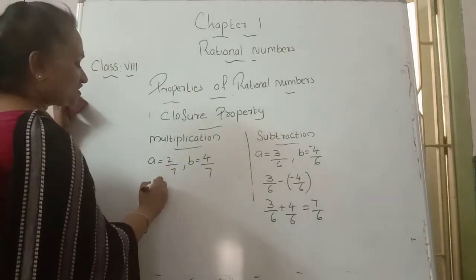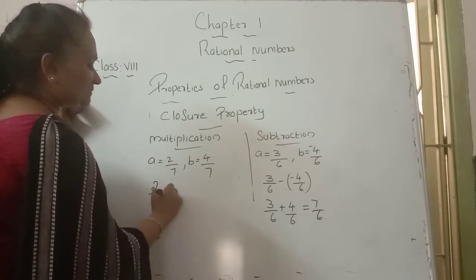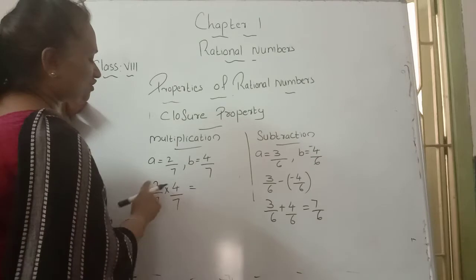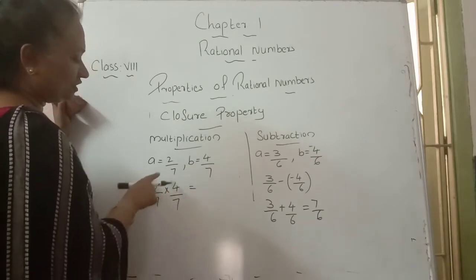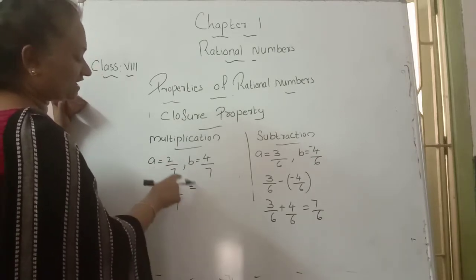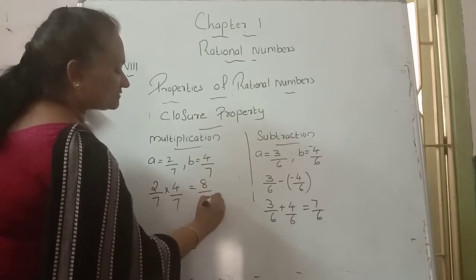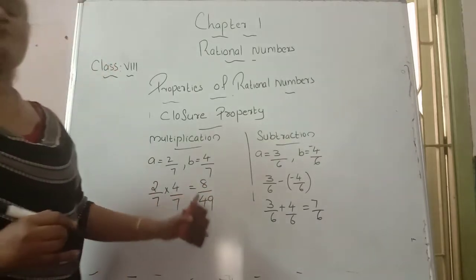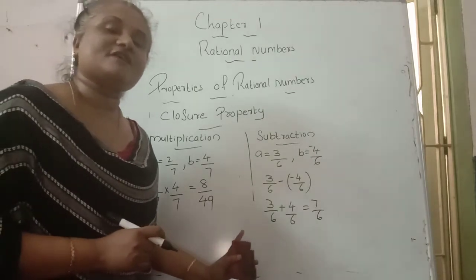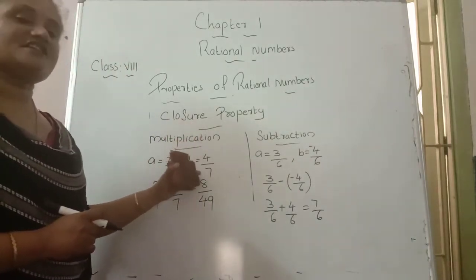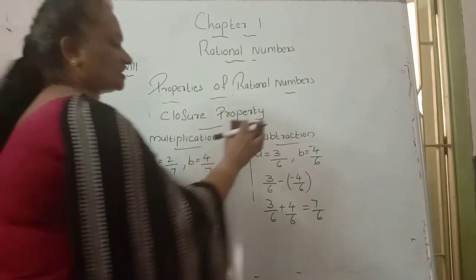So 2 by 7 is multiplied with 4 by 7. Here cancellation is not possible, so numerator into numerator, 2 fours are 8, and 7 into 7 comes to be 49. 8 by 49 is also a rational number. That's why the closure property is satisfied under multiplication.